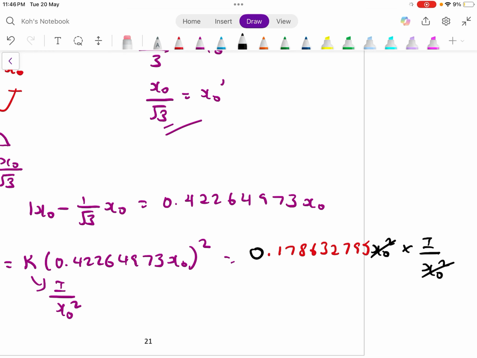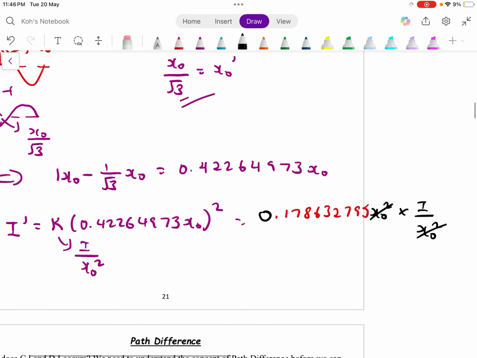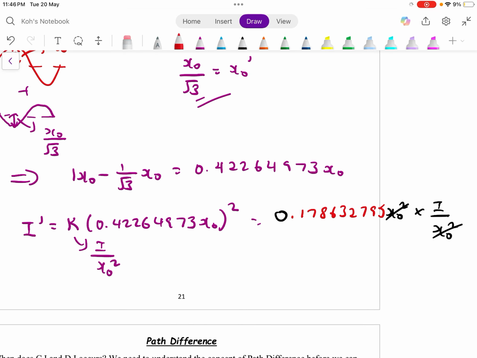You can see I do the cancellation. So definitely my intensity due to the destructive interference, in terms of 3 significant figures, is 0.179 I. This will be the answer for the last part.